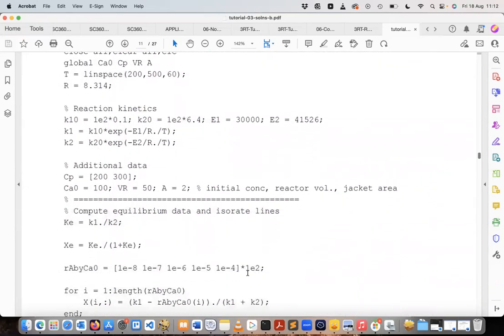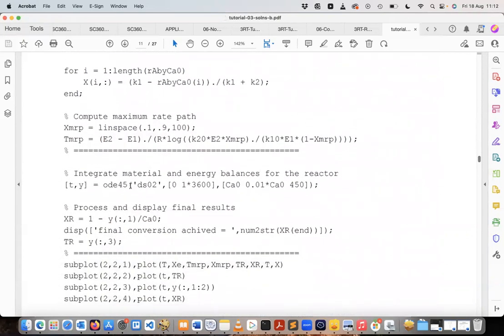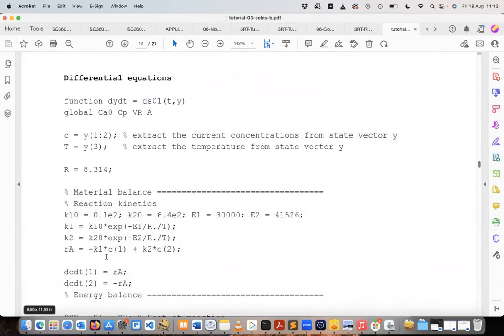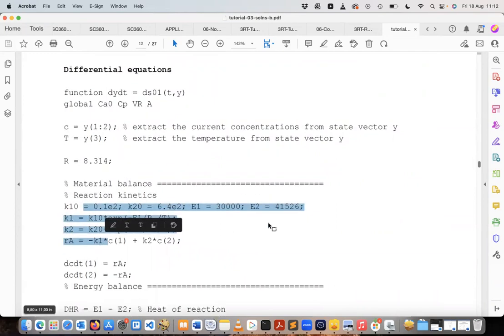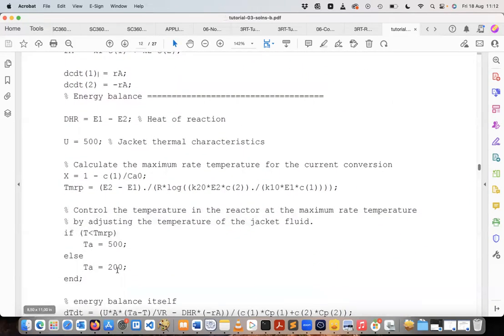If you look at the code that I used to find that solution, here's the ODE, that's the integration. Here's the ODE. And here, this is just the problem. It's a reversible reaction. Here's the forward and reverse, and you can see the Arrhenius constants and so on. And here is the control. So it's simply saying, if the temperature is less than the maximum rate path temperature, then apply heating.